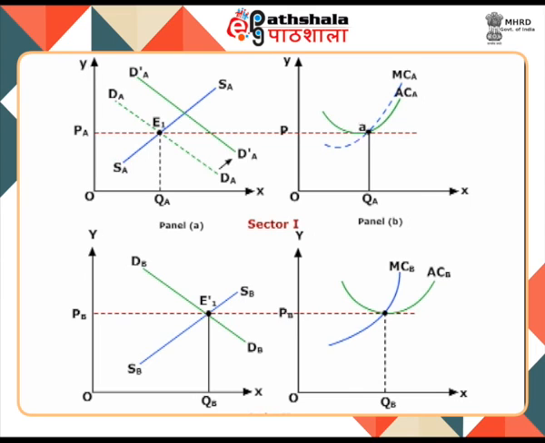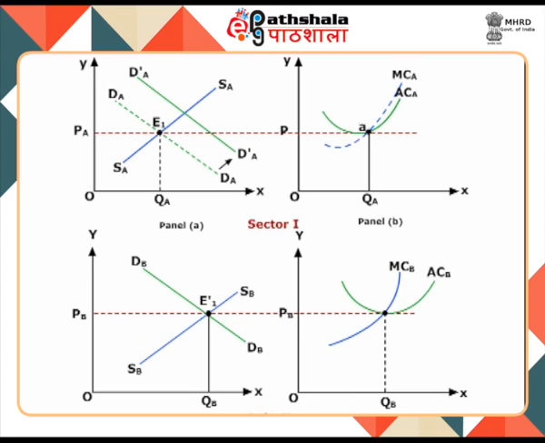Likewise, each firm in sector 2 will produce QB at which AC is equal to MC is equal to price is equal to MR. Now suppose that there is an outward shift in demand curve of sector A due to change in any factor which influences demand, either change in consumer income, change in consumer preferences, or increase in the price of its substitute goods, etc.